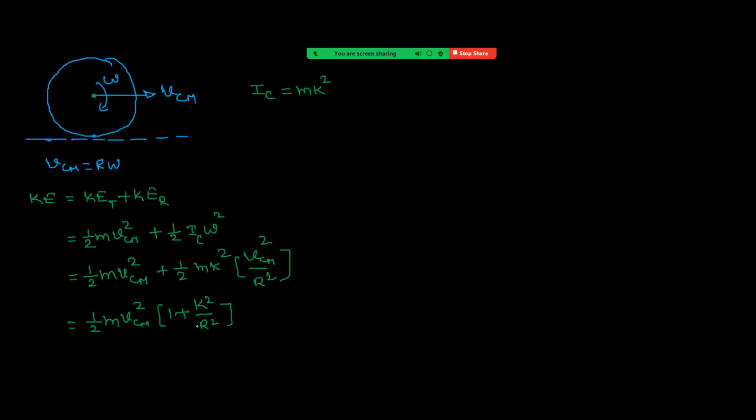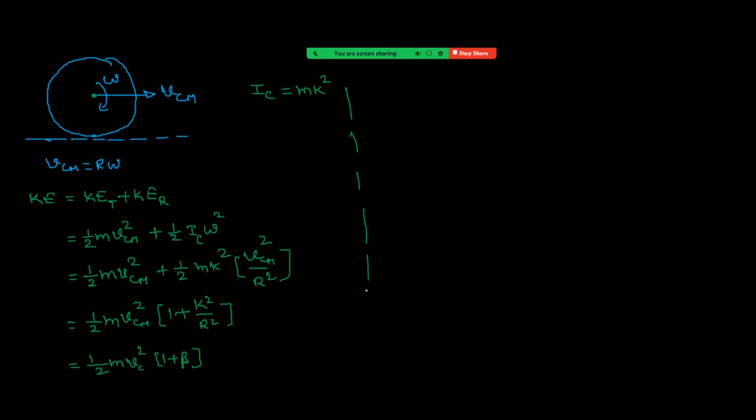So this is the expression for kinetic energy if it is rolling on the ground, or you can say for the bottommost point velocity is 0. Let us take k square by R square as a notation: half m VCM square into 1 plus beta, where beta equals k square by R square.